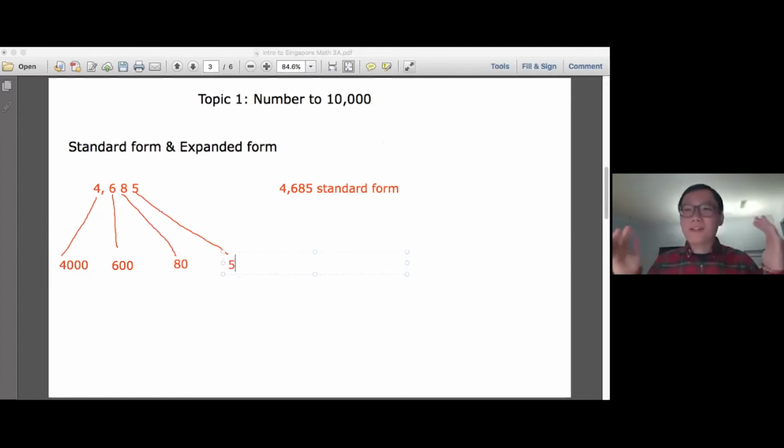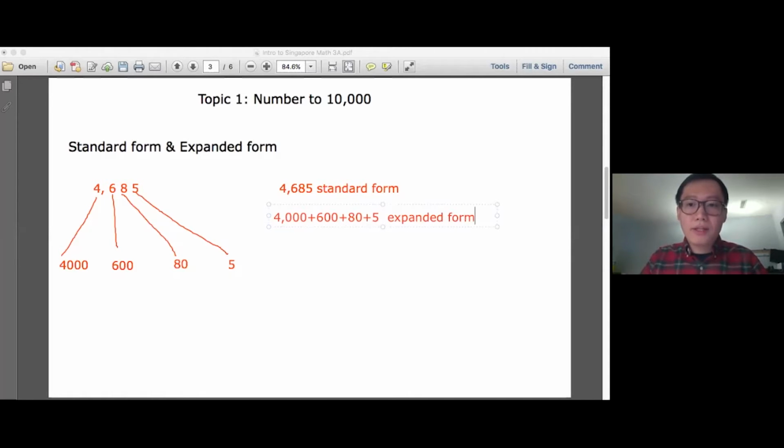Now we have expanded the number. If we add them together, that becomes our expanded form: 4,000 plus 600 plus 80 plus 5 is our expanded form.